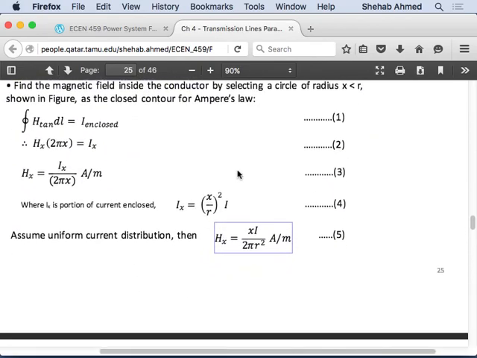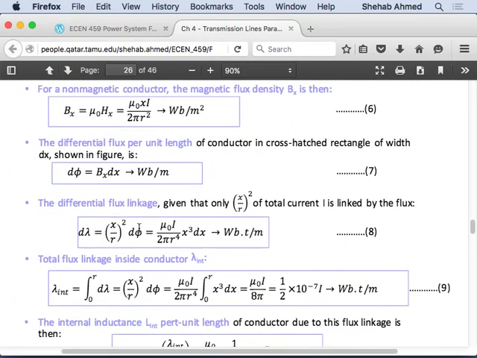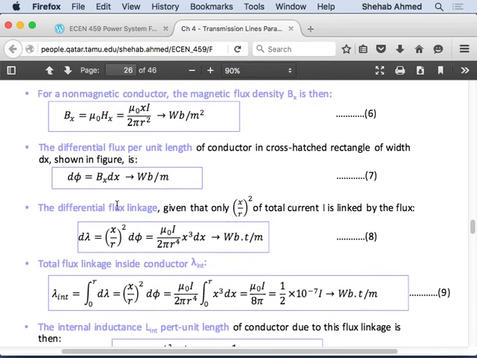So the relationship between flux linkage and flux: I calculated the total flux, and this total flux is linking a smaller area of the conductor, not the full conductor. The ratio between the smaller area and the full conductor is the ratio of the areas. So the differential flux linkage is given only for x over r squared of the total current, right?